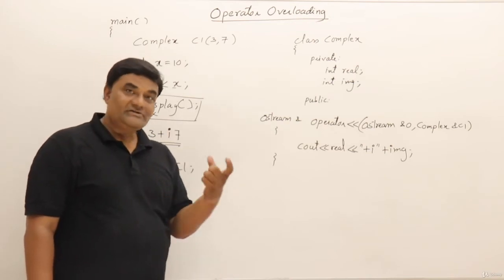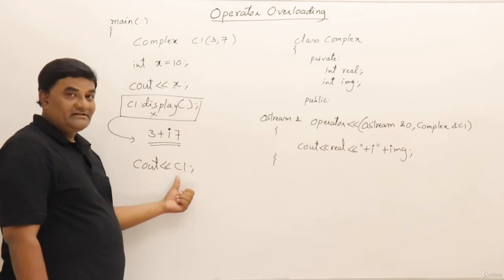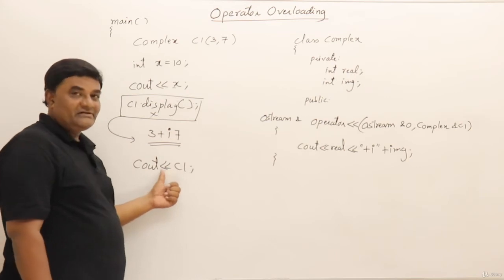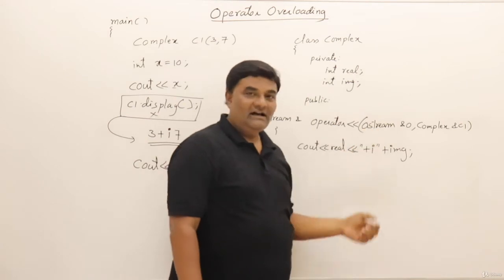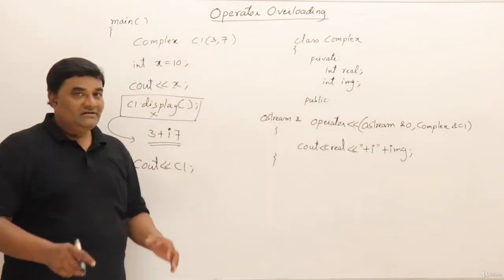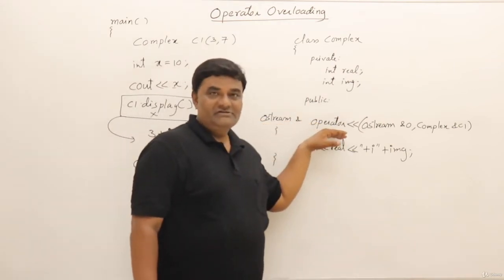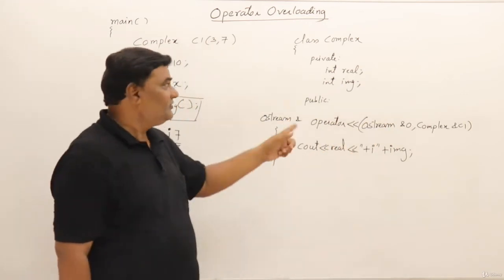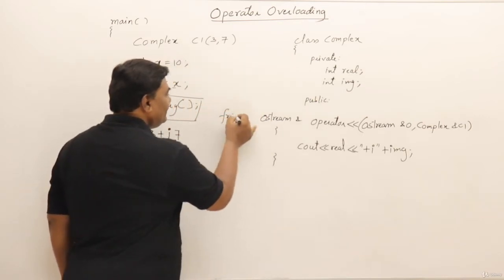So this is the signature. I have to pass two parameters: the output stream object as well as the complex number object. This is the method in C++. This is an operator taking two operands, and it returns cout so that it can be continued in the same line. Now one more important thing. As this operator function takes two parameters from two different types of objects, it cannot belong to the complex number class, so I have to make it a friend.